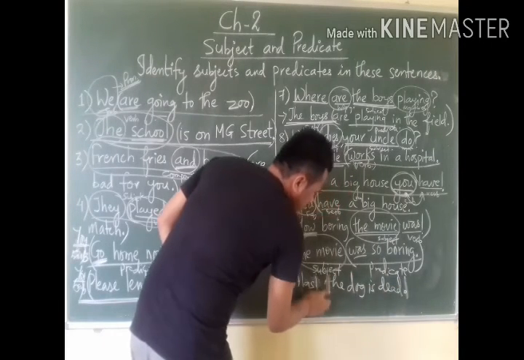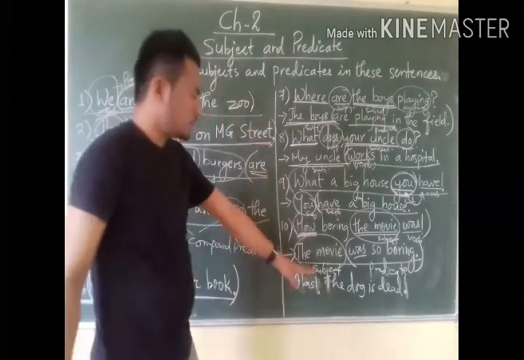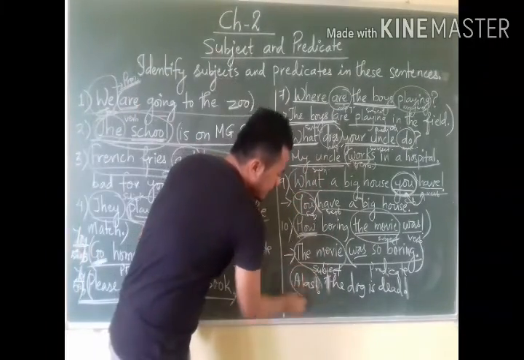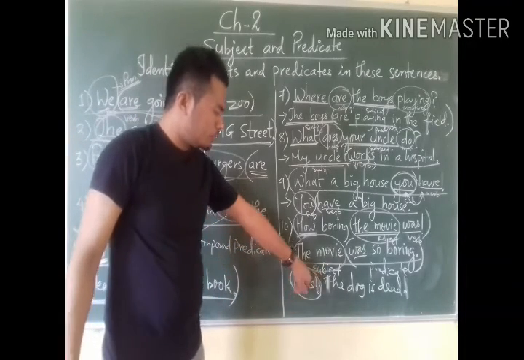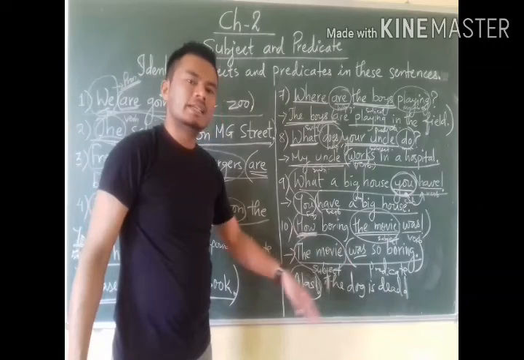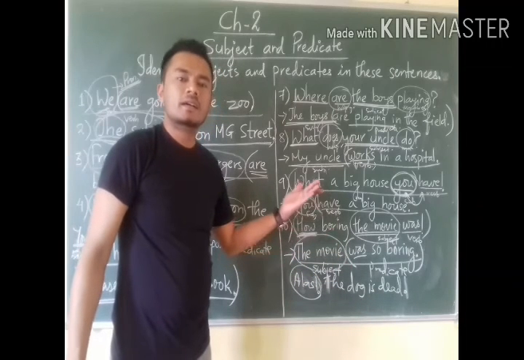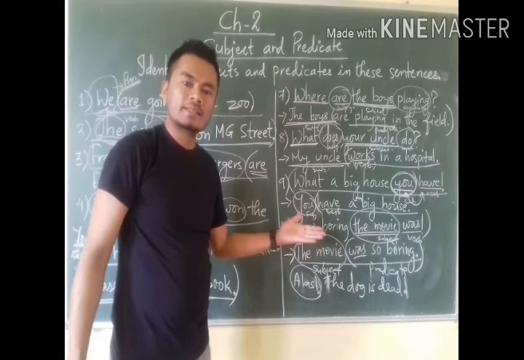See, alas, the dog is dead. So here alas is an interjection. Okay, the dog is dead. If you remove this interjection, the dog is dead is simply a statement, an assertive sentence.